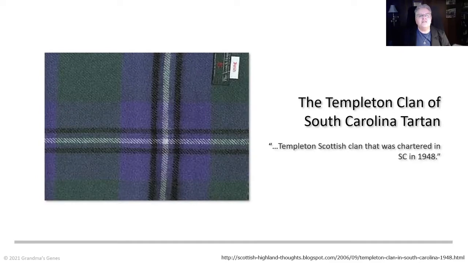Another interesting thing would be my Templetons. We've been talking about them a little bit during this. They have chartered in 1948 a Templeton clan, a Scottish Templeton clan. There's even a beautiful tartan, I love that tartan, for this Scottish clan of South Carolina of Templetons.